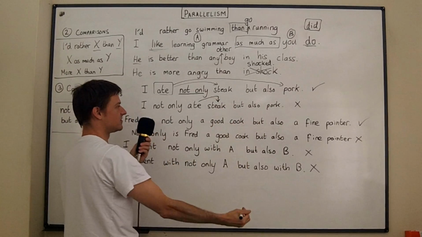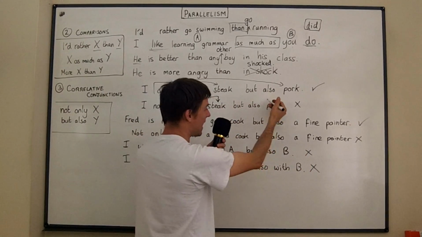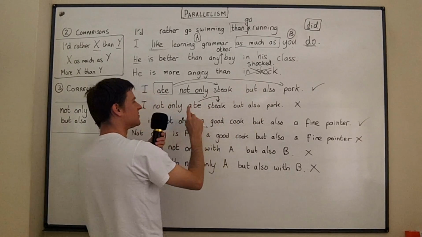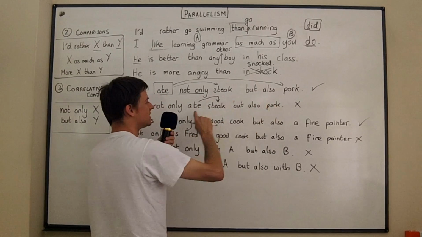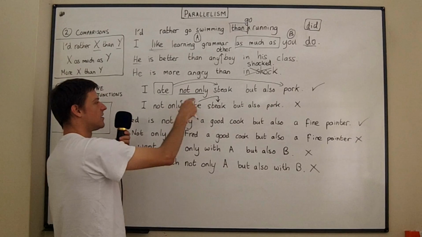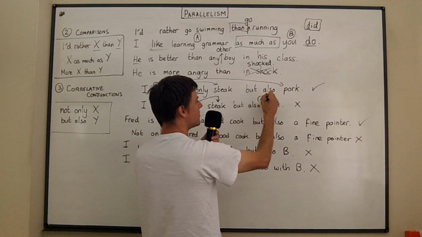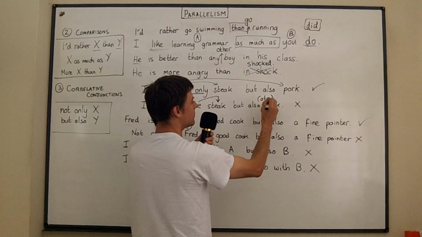I not only ate steak but also ate pork. You'd need to put the verb in again here, because it's not referring to pork now that it's after not only. Okay, so this one is wrong, but we could make it right by saying but also ate.